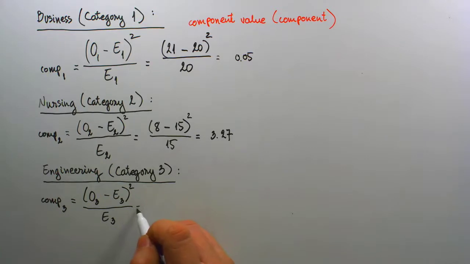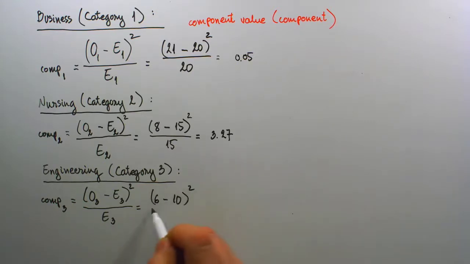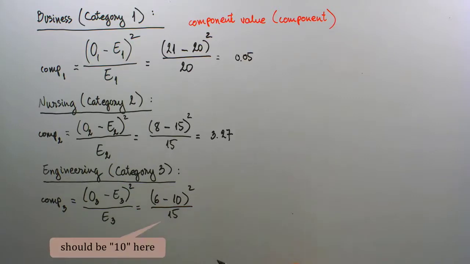And so the calculation setup will come out as follows: 6 for observed count minus 10 for the expected count, square the difference and divide it by 10. The final calculation showed 1.6 after all proper rounding.